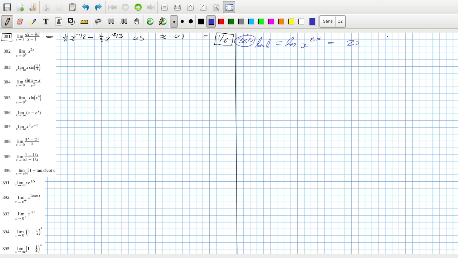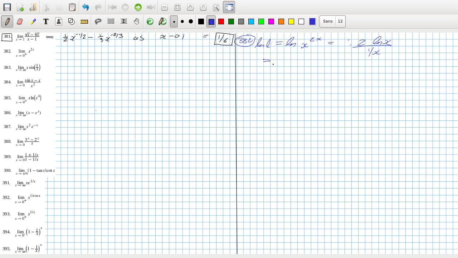So I could put it as 2 log x, but I'll put this 1 over x. Now I could use L'Hopital's because this here is going to be an infinity, and this is an infinity.